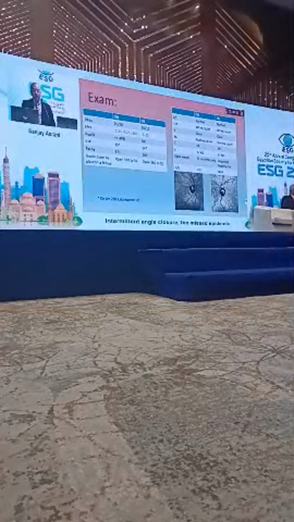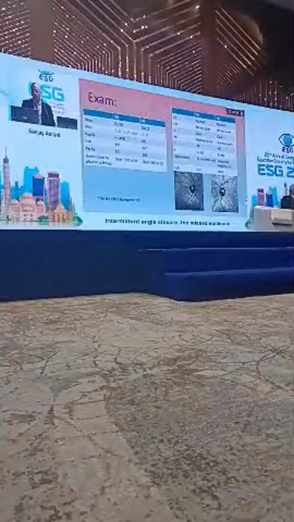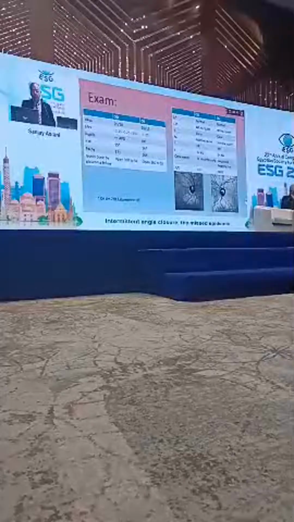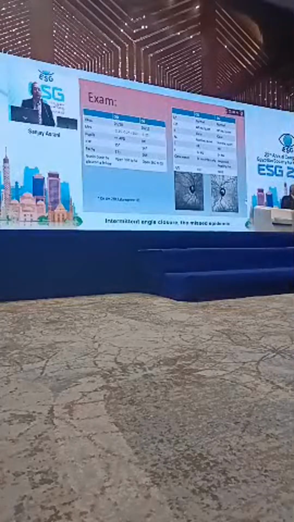He's got an angle that was diagnosed by my fellow as open 360 degrees to the ciliary body band. You can see the cup is 0.8 in the right eye, 0.65 in the other eye. So it looks like primary open angle glaucoma.